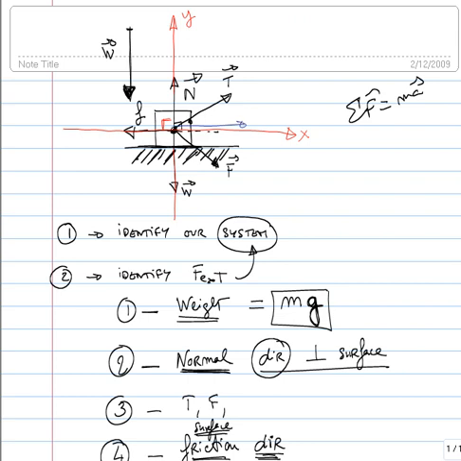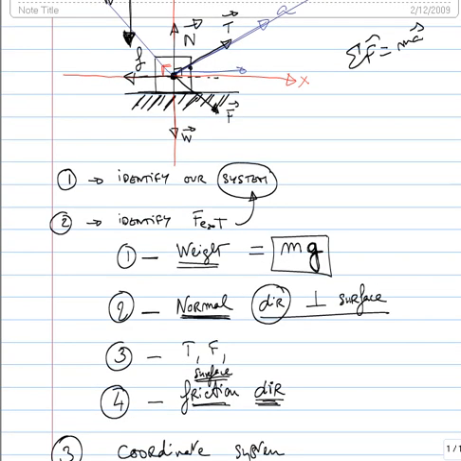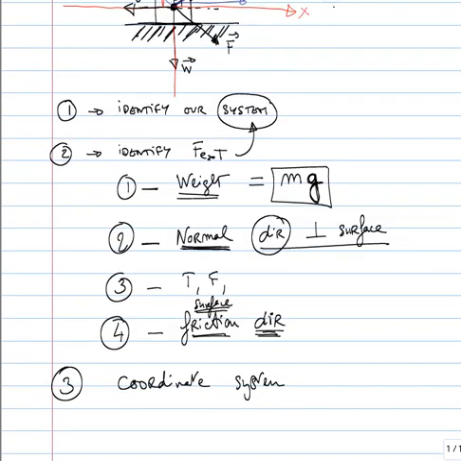If A is going that way, then pick a coordinate system along the direction of the acceleration. You don't have to, but when you're doing circular motion, it will simplify your algebra greatly. So I would suggest you do that. That was the third step.